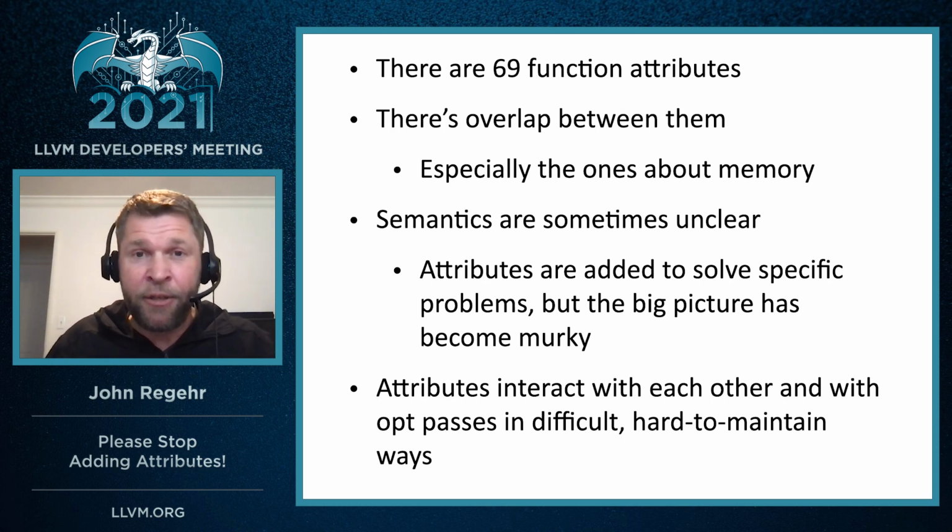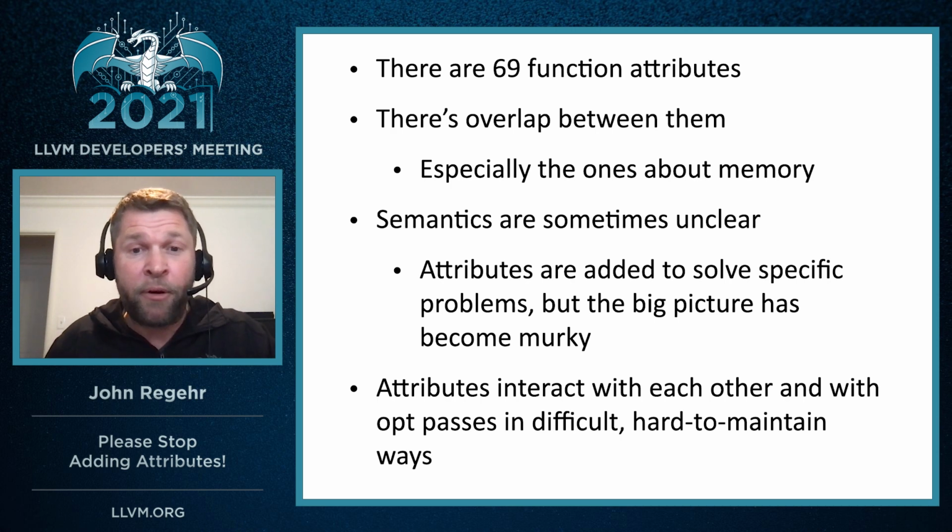Over a period of a number of years, this leads to a murky, non-orthogonal situation. Attributes interact with each other and with most of the rest of the compiler. This is difficult and hard to maintain because we get an n-squared interaction problem. So that's the current situation.